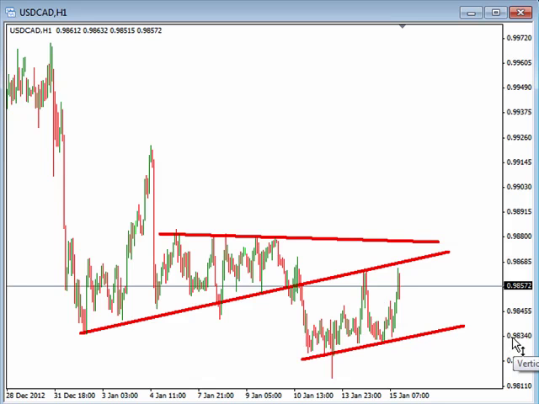By drawing these lines, we can get a sense of the direction that things should be going and where we would be looking to go long or short.